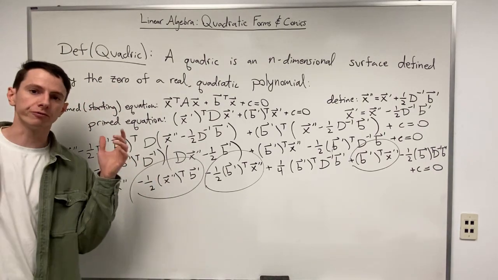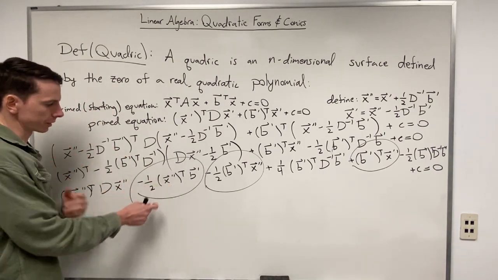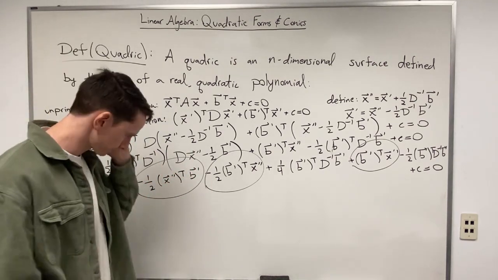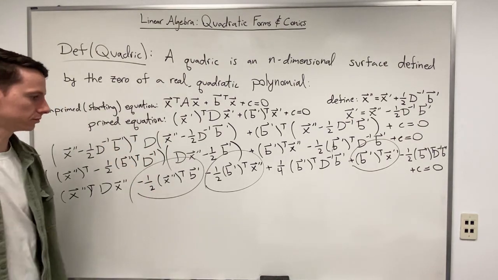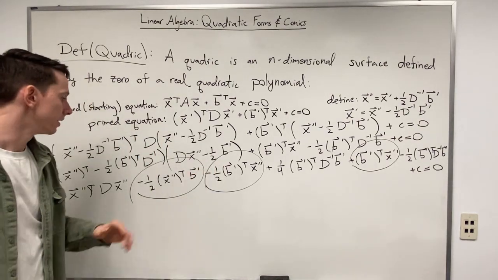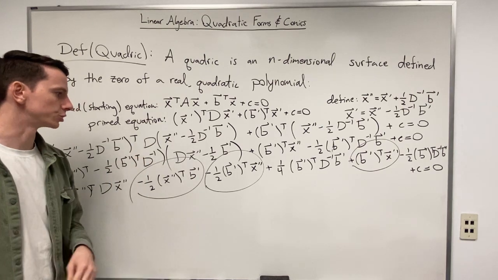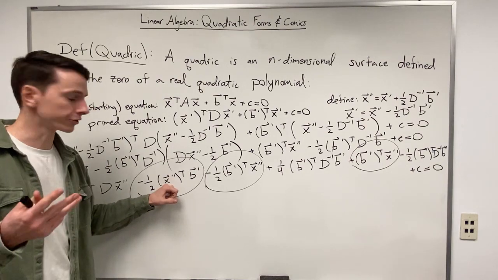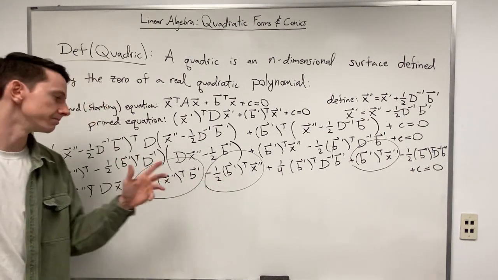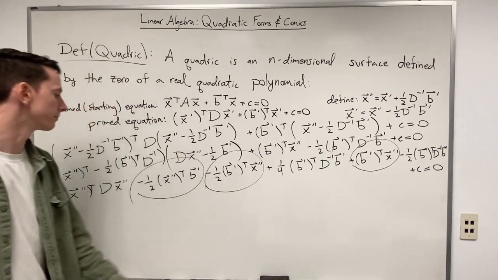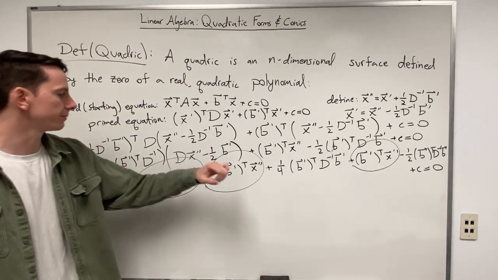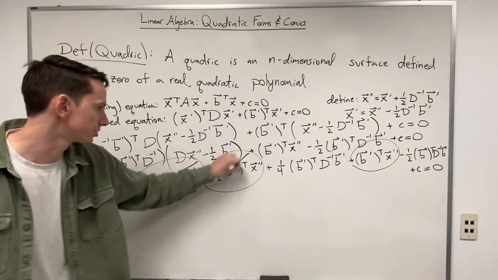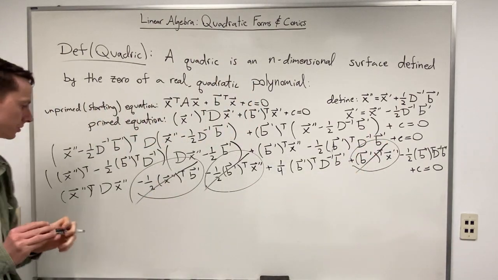And because these are real valued, this is essentially the dot product between x double prime and b prime. And the dot product, at least when working with real vectors in Rn, is symmetrical. It doesn't matter the order in which we apply them. So whether we write the x vector first or the b vector first, this overall quantity is going to be the same. So we have minus 1/2 of this quantity, minus 1/2 of this quantity, plus a whole part of that quantity. So these terms cancel for that reason.